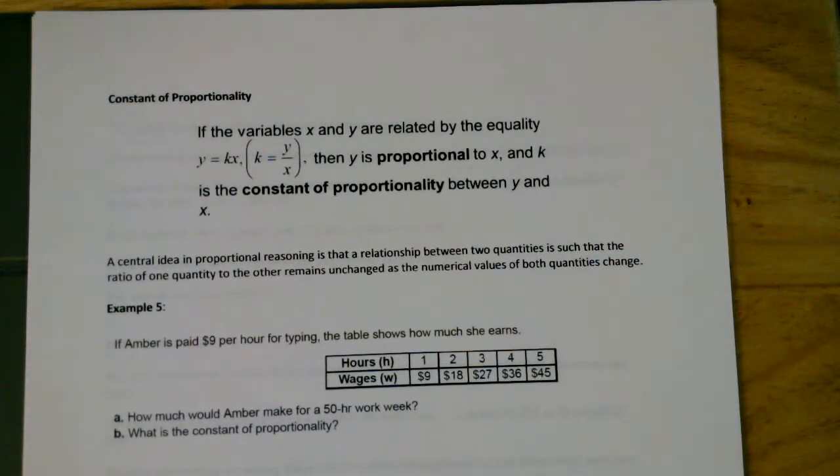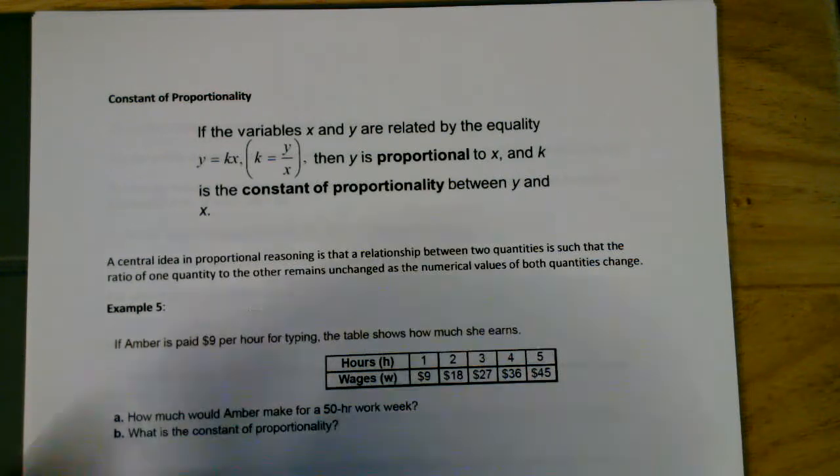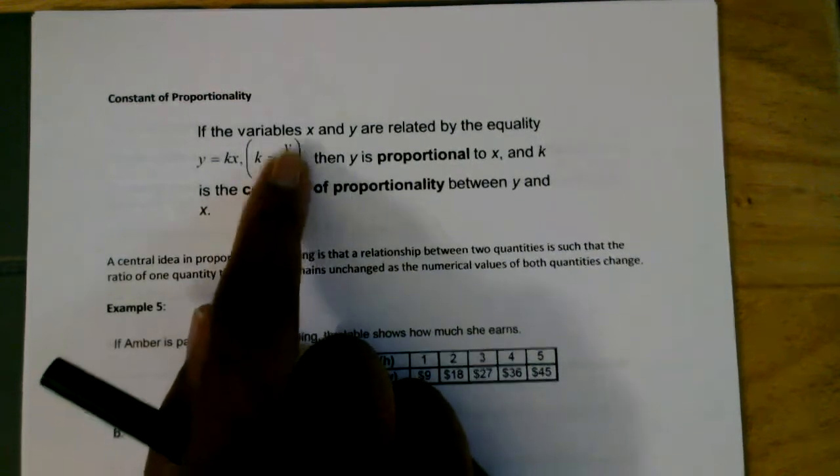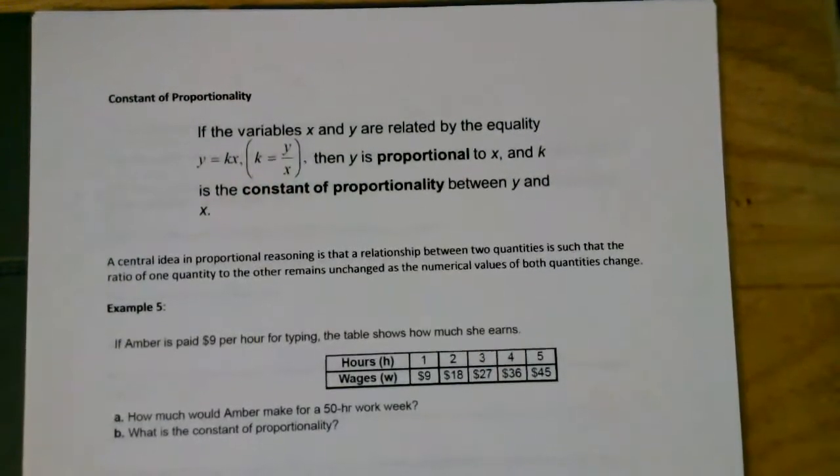And that's this: if the variables x and y are related by the equality y is equal to k over x, or k is equal to y divided by x, then y is proportional to x and k is called the constant of proportionality between y and x.